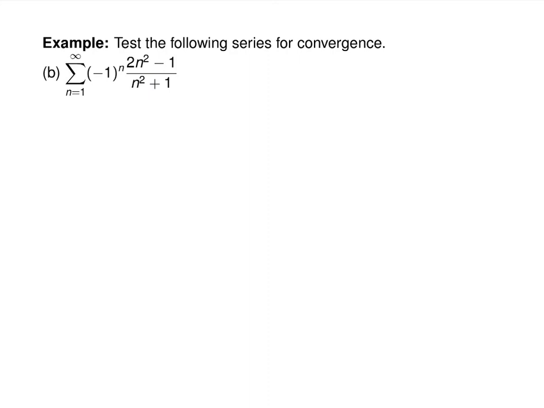All right, for this one, my first guess is I see this -1 to the n. That to me suggests an alternating series. So we're going to apply the alternating series test. So we try to find the limit as n goes to infinity of 2n squared minus 1 over n squared plus 1.